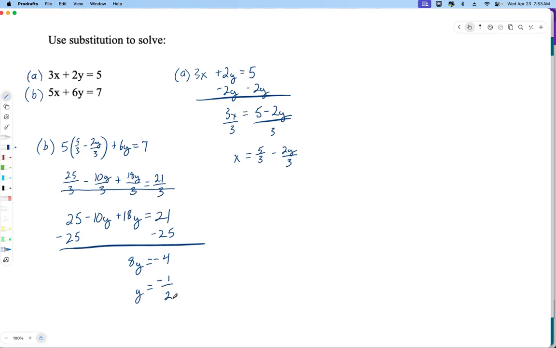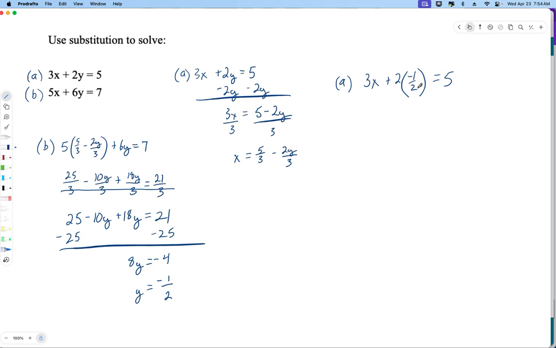Now that I have this substitution value, I can put that in here to solve for x, right? And what I'm going to do is I'm going to go back to the original equation A to do that. So 3x plus 2 times negative 1/2 is equal to 5. Just because looking at this, even though this is solved for x, this would be a fraction in here.